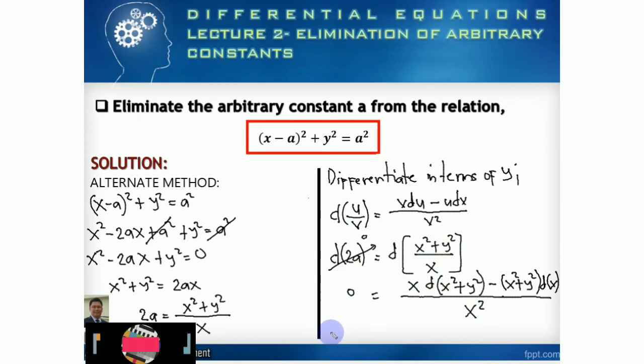So this would be equal now to 0. Then we have here x times the derivative of this one.